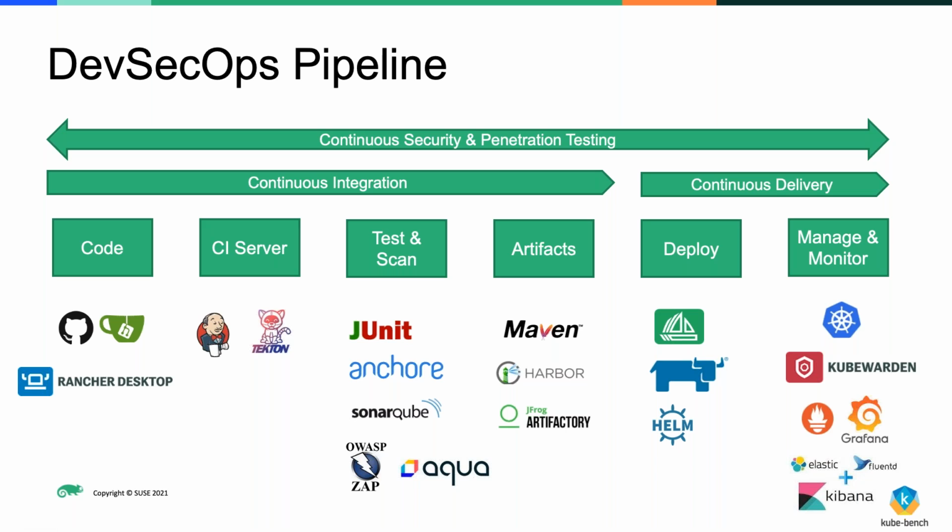For example, in SUSE Rancher, we have the Rancher Desktop software that the developer can simply use to test their code, to run in the target Kubernetes platform that they want, and then they can simply mimic it in the local laptop environment and try it out. So these are the coding parts that they will be doing.